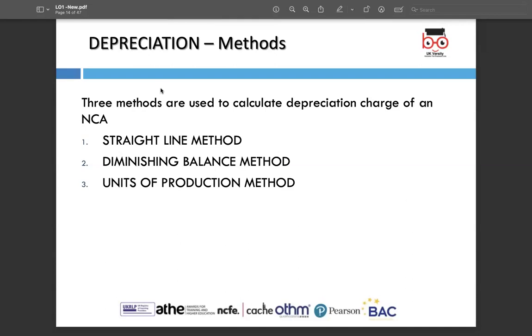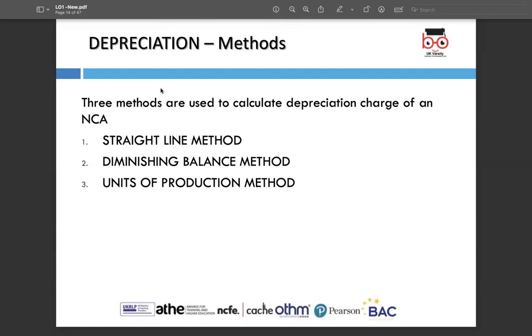The diminishing balance method, also known as the reducing balance method, calculates depreciation based on a fixed percentage of the asset's book value. Then finally, the units of production method allocates depreciation based on the actual usage or output of the asset rather than time.